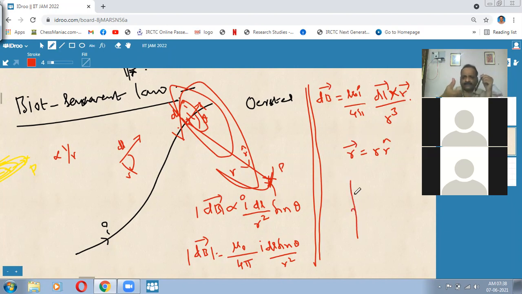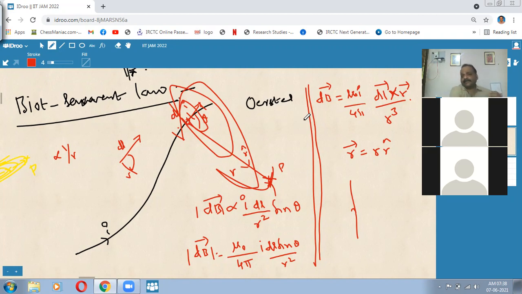Suppose a straight wire carries current upwards, and you hold the wire like this. On one side the fingers go into the board, and on the other side the fingers come out of the board.